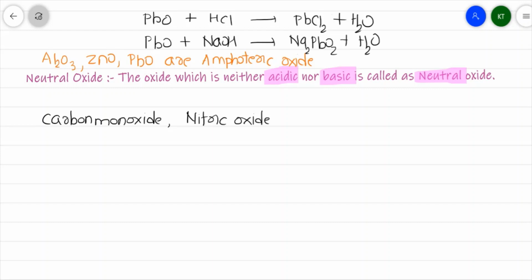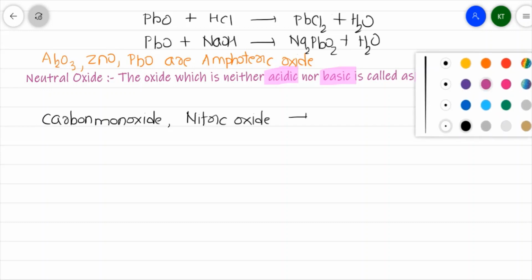So here carbon monoxide, nitric oxide, dinitrogen oxide are also neutral. So this is called your neutral oxide. They do not show any kind of ability to react with acid or base so as to form salt and water.